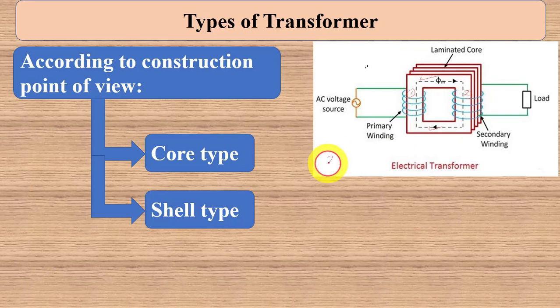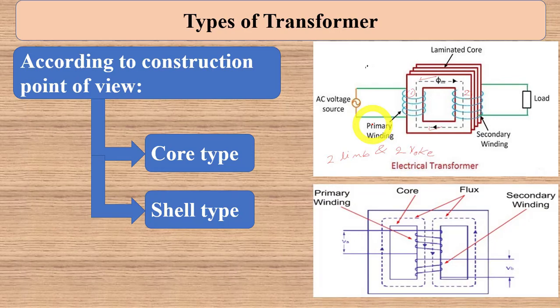In this way, there are two limbs and two yokes. And in a shell type transformer, there are three limbs: 1, 2 and 3. The central limb is thicker than the outer limbs.